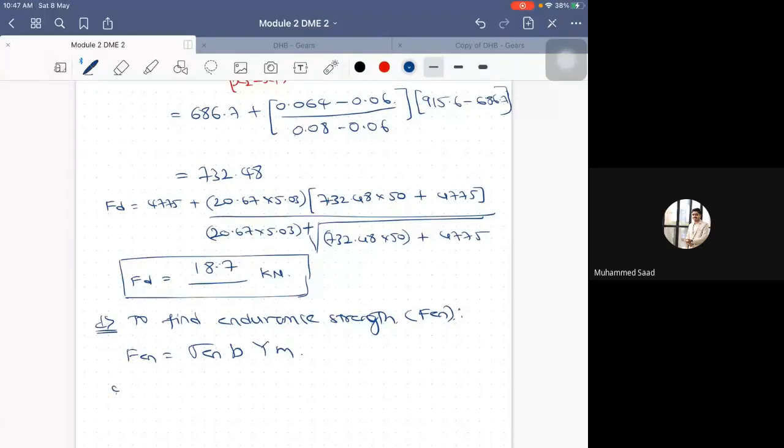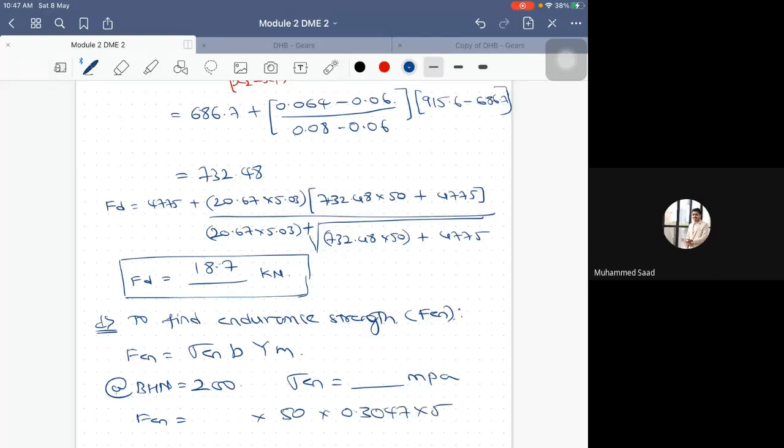Now at BHN a value of 200, since you have selected the material as 200, give me the value of sigma EN from the table, from the data handbook. Once you get that value, you can calculate your endurance load easily. Y value was 0.3047. 3047 cross 50 module.